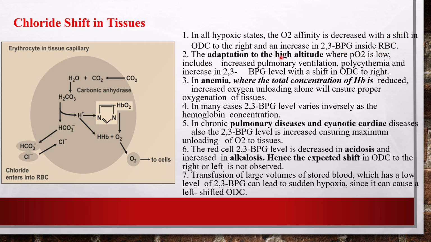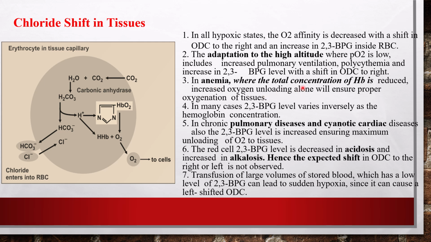Then adaptation to high altitude, where the partial pressure of oxygen is low, includes increased pulmonary ventilation, polycythemia, and increase in 2,3 BPG level with a shift in the oxygen dissociation curve to the right. So there is a higher concentration of this 2,3 BPG at high altitude where the PO2 is low, and the oxygen dissociation curve always moves to the right.